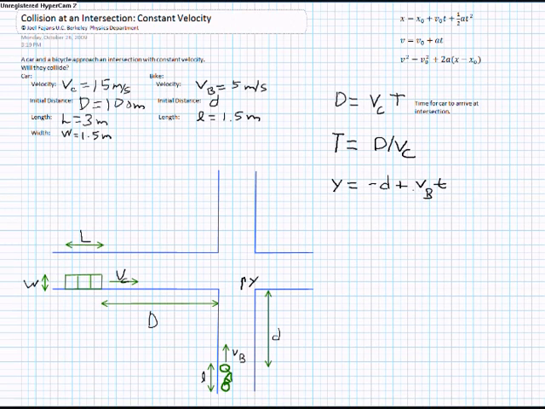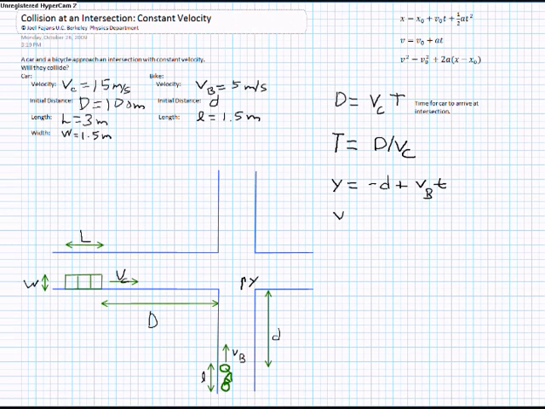Now, of course, if we want to find out if the bicycle is going to hit the car at the intersection, the car arrives at the intersection at a time capital T. So, if both the car and the bicyclist are hugging the curb over here, we can find out where the bicycle is going to be when the car has just moved into the intersection, simply by plugging in the capital T, the time it took the car to reach the intersection, into t over here.